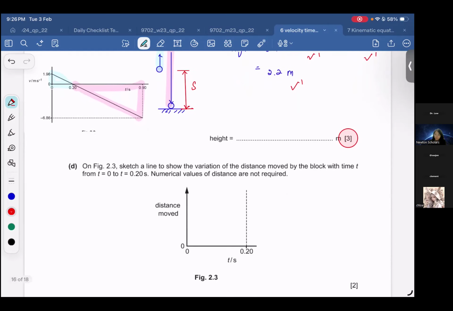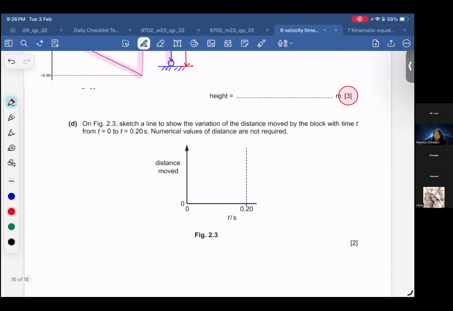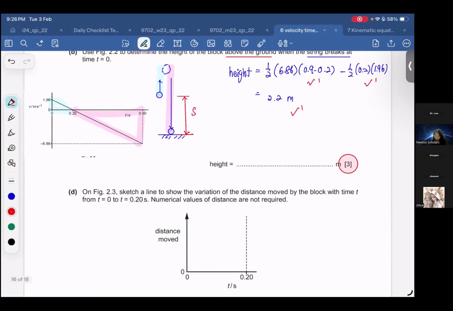Okay, here D, on figure 2.3, sketch a line to show variations of the distance moved by the block with time t from t equals to 0 to t equals to 0.2. Oh, okay, they're asking about the blue color region. Variations of the distance moved by the block.